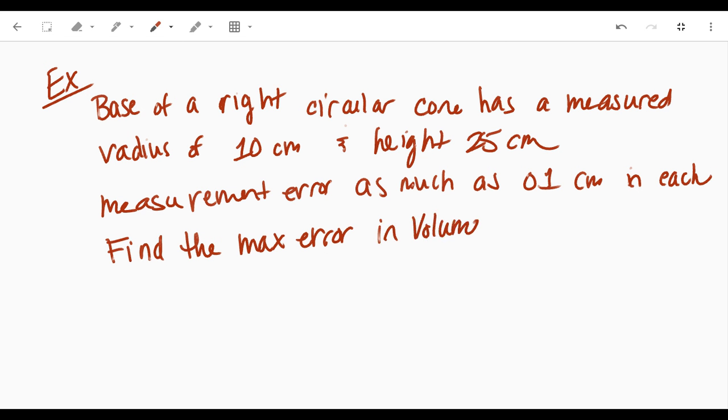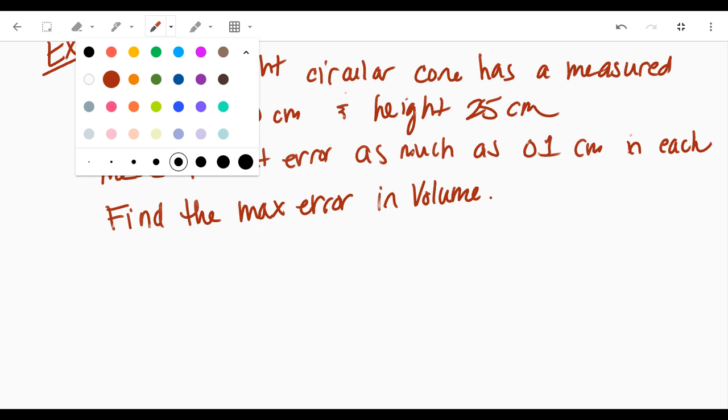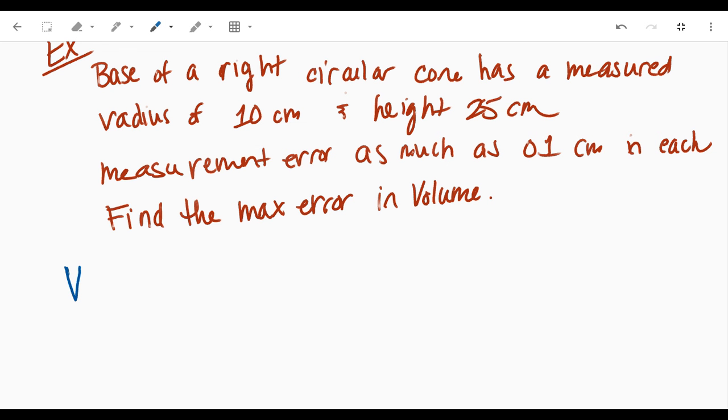Okay, so let me change colors here. Volume of a cone is 1/3 pi r squared h. Now the max error would be your differential in V, so dV. So we need to do our partial with respect to r times the change in r.